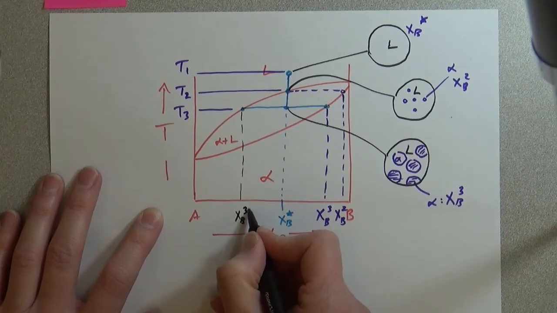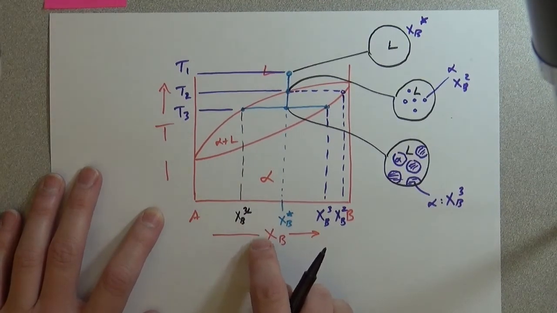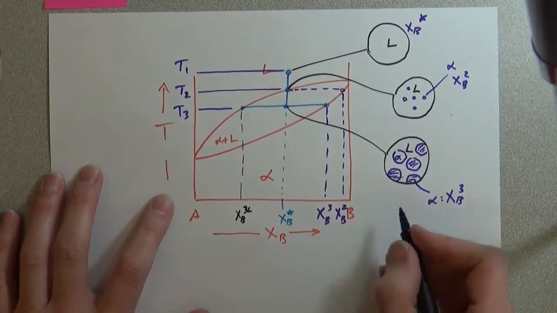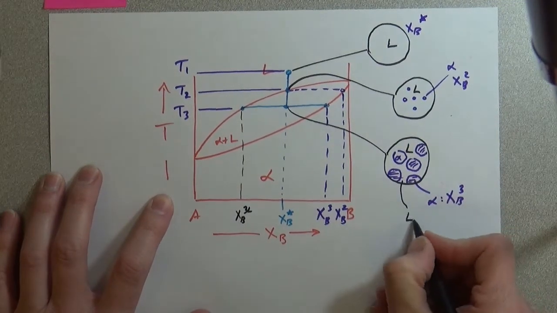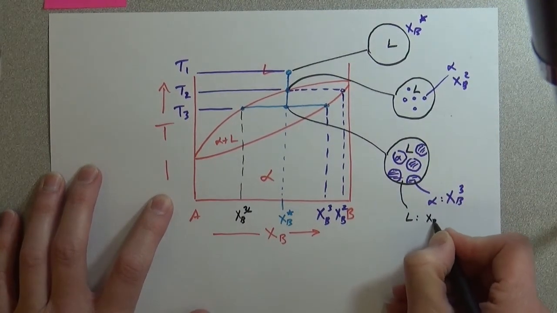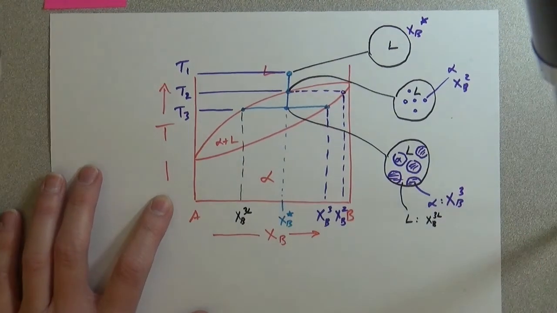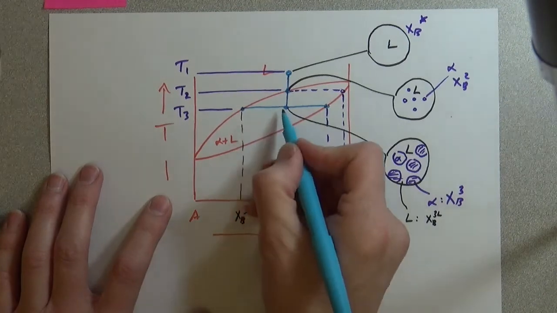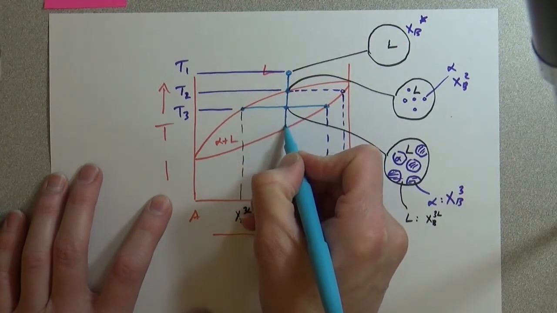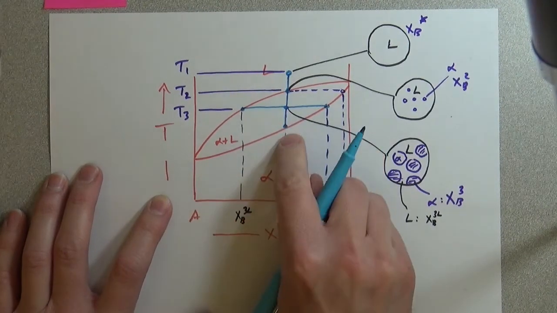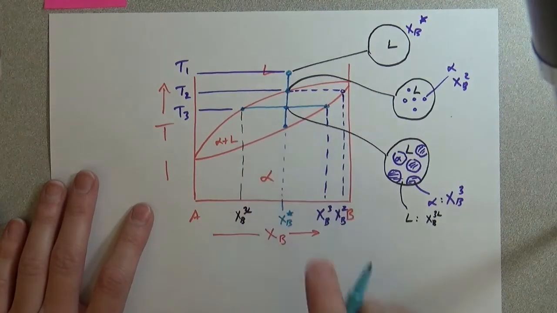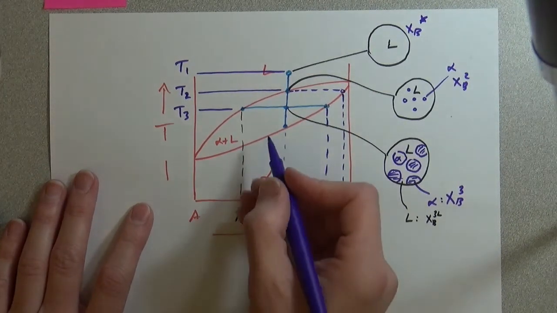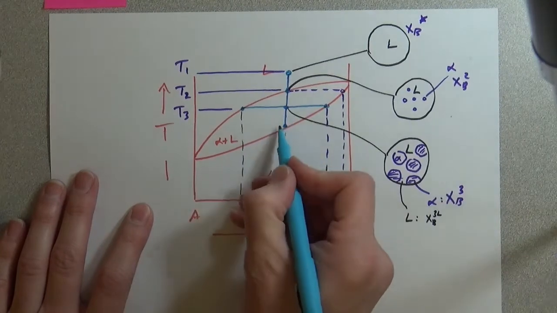We're going to call it XB3L, for 3 liquid. So that means L has composition XB3L. Okay? Keep cooling till right at that boundary again. So we draw our tie line.